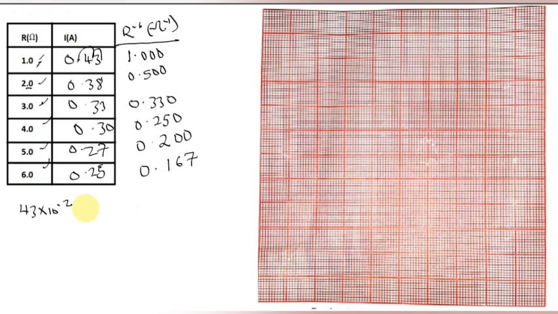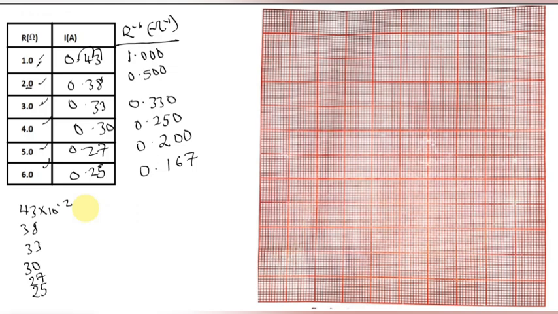So 0.38 is going to be 38 times 10 raised to power minus 2. Then 0.33 is going to be 33 times 10 raised to power minus 2. 0.30 is going to be 30 times 10 raised to power minus 2. 0.27 is going to be 27 times 10 raised to power minus 2. Then I have 25 times 10 raised to power minus 2.